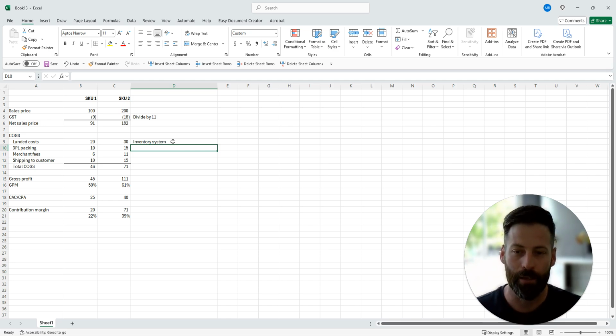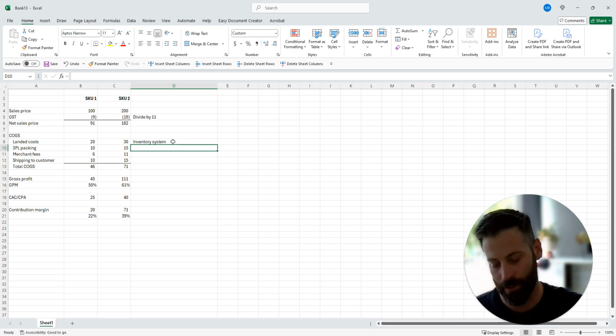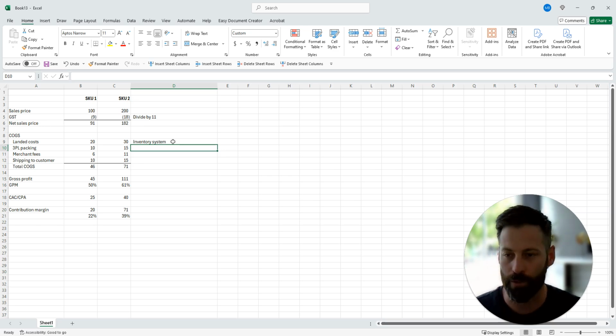So you really need an inventory system in place so that you can say, right, this order, I bought 10 of these SKUs and 50 of that one and 1,000 of that one, and then it will apportion the shipping costs across those based on either the units you purchased or the cost of those units, or I'm sure there's some other ways that you can manage it.